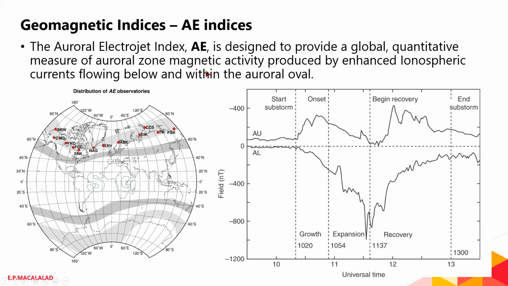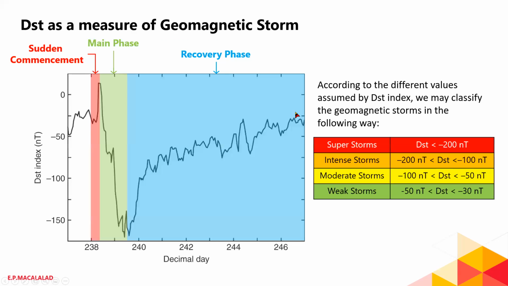The AE index is used to observe, or characterize, what we call substorms, which are different from geomagnetic storms. Geomagnetic storms are usually caused by CMEs or high-speed solar winds, and a geomagnetic storm usually lasts for several days.